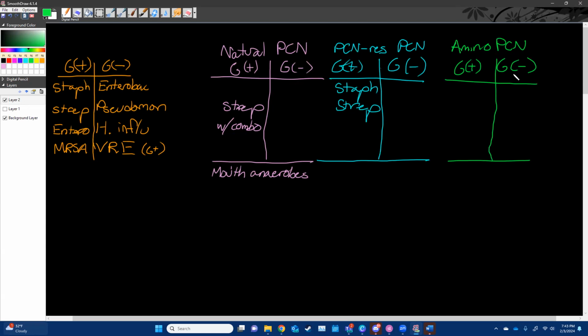So our aminopenicillins, amoxicillin, ampicillin, what these drugs are doing is that they're covering strep, they're covering our enterococcus, and they're picking up some gram negative activity, Enterobacter and H. flu.